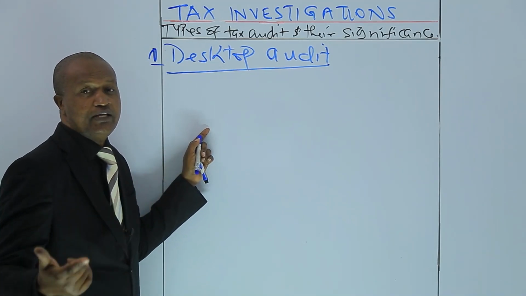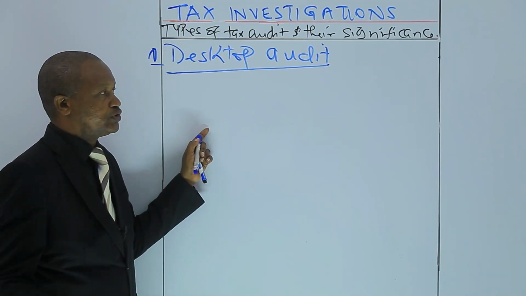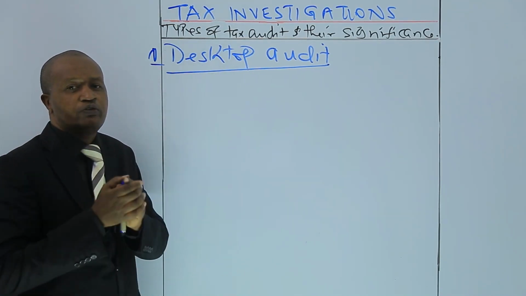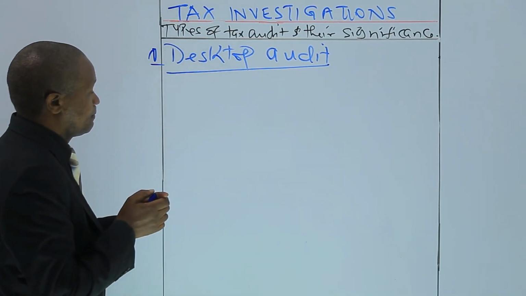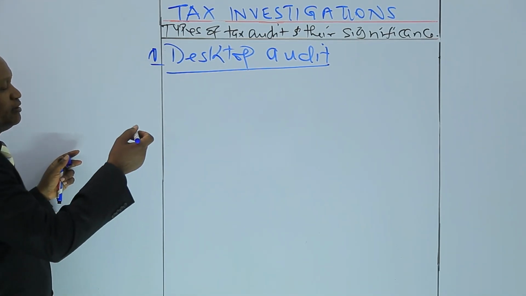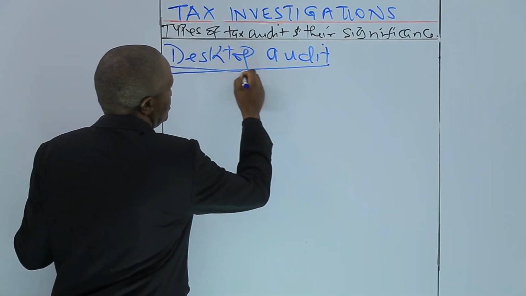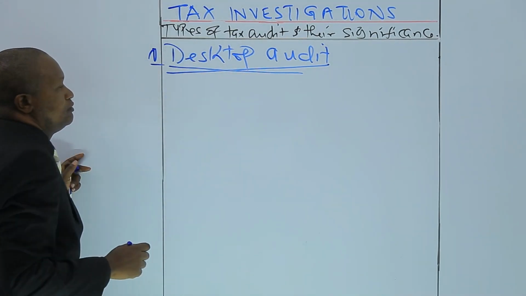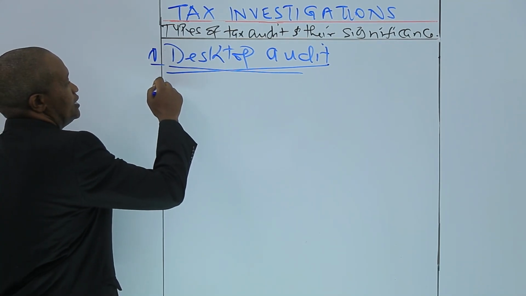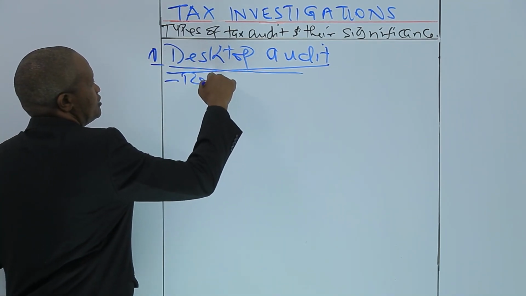And the authority may request additional documentation or clarification from the taxpayer to resolve such discrepancies. So the key thing to note here is that these audits are conducted remotely.